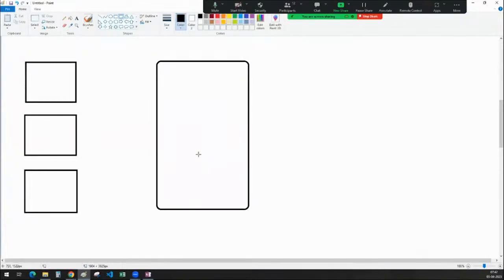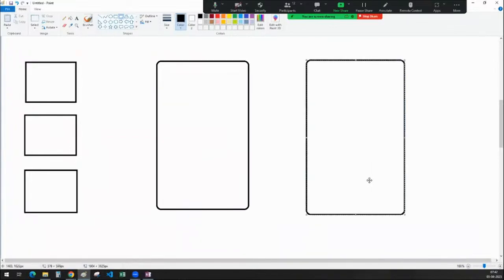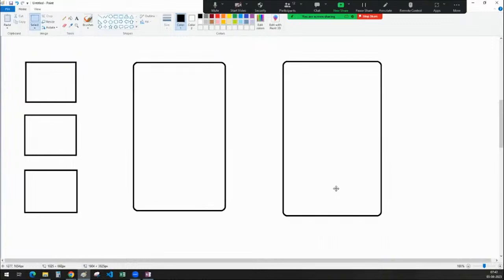Once we have the data in the staging layer, we wanted to send the data to where, guys? We wanted to send that data to the data warehouse.